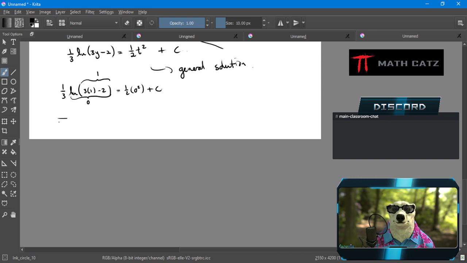So that means that c is 0. So that means my general solution can be updated to a particular solution like so, with c equal to 0, and that is my particular solution.